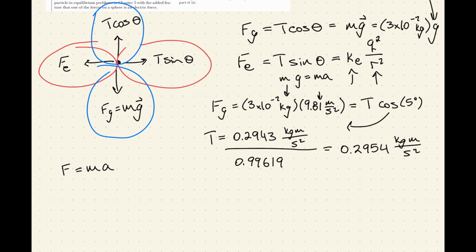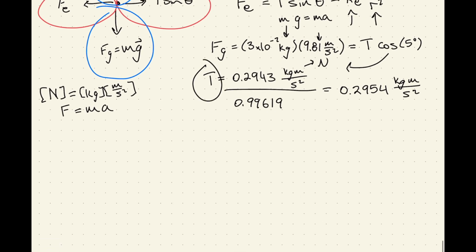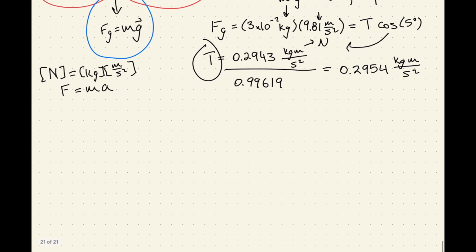If m is in kilograms, put them in square brackets, and a is meters per second squared, classic acceleration, you know F here is in units of newtons. So you know kilogram meters per second squared, this unit here, is equal to newtons. So nice, I literally calculated tension just by doing that with one equation.